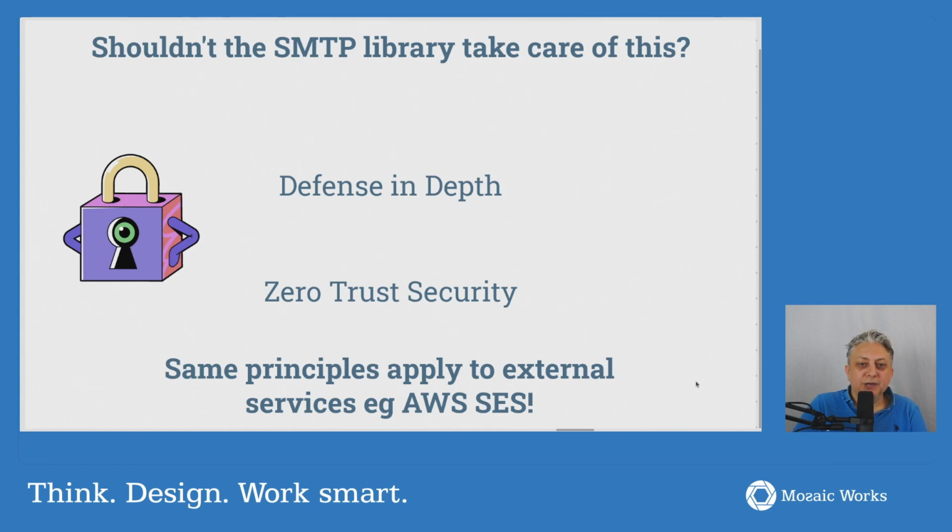But then you change your SMTP library, or you change the server or the way you send emails. And now you have a vulnerability, because maybe the new system doesn't work the same as the previous one, and you are trying to resend the email, and you have an issue now. And this is why we need things like defense in depth.